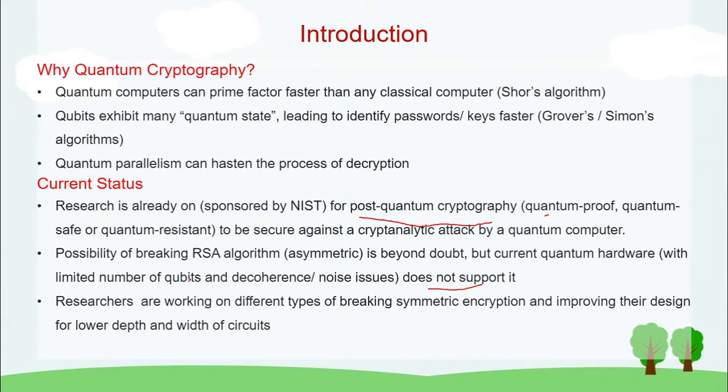There are a lot of issues, particularly the availability of the number of qubits, which is very less, and issues like decoherence and noise. So all these things make the current quantum hardware not capable of breaking the RSA algorithm. But we are very much sure that once good hardware is available, this is going to happen.